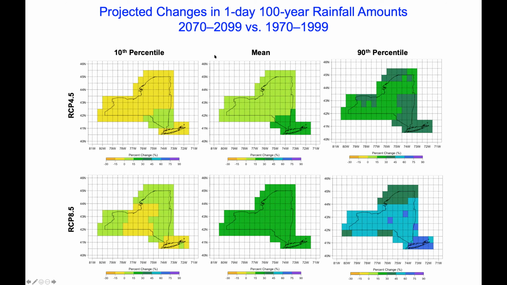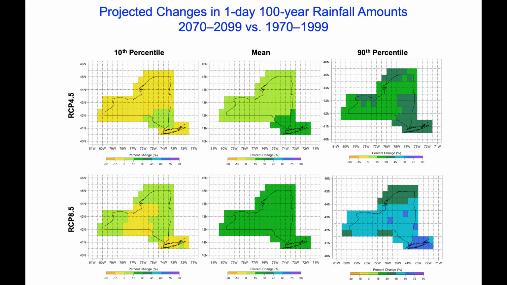What I'm showing here, the left-hand columns are basically the smallest changes that I see across all models and all downscaling approaches. The mean in the middle is the mean of all models and downscaling approaches. And finally, the 90th percentile is the highest. Only 10% of the model downscaling approach combinations show a bigger change than that.